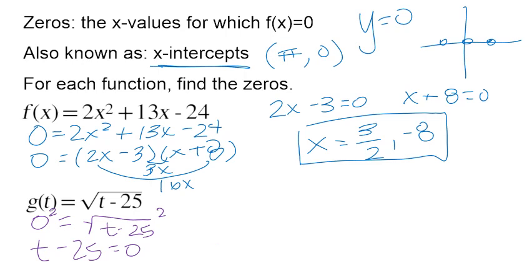So t would have to equal 25, which makes sense, right? If t was 25, that's the only thing that would make this equal to 0. Later this chapter, we're going to talk about the graph of this, and the graph of this would look something like this. Notice that there's only one x-intercept there.